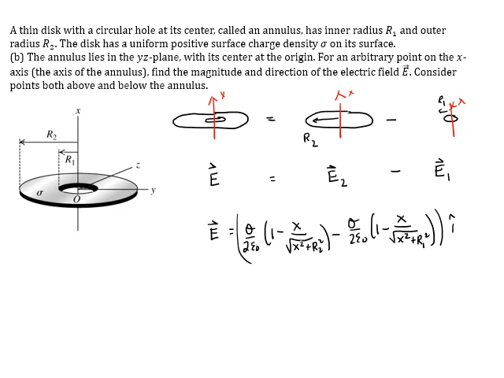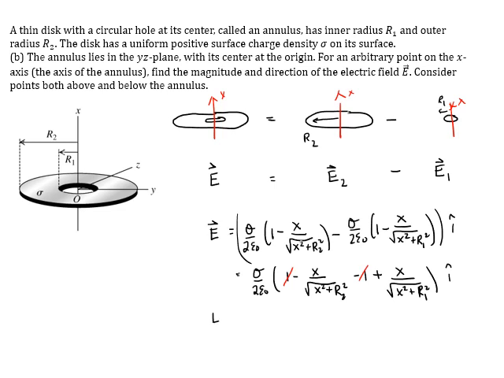So there's our answer. We can neaten that up a little bit. We can take our sigma over 2 epsilon naught outside of everything. Get 1 minus x over square root of x squared plus R2 squared, subtract 1 minus x over square root of x squared plus R1 squared. That's all in the i direction. We've got plus 1 minus 1, so they go away.